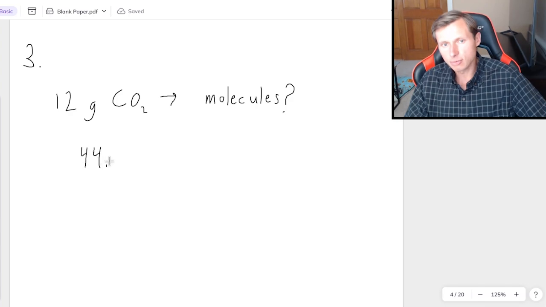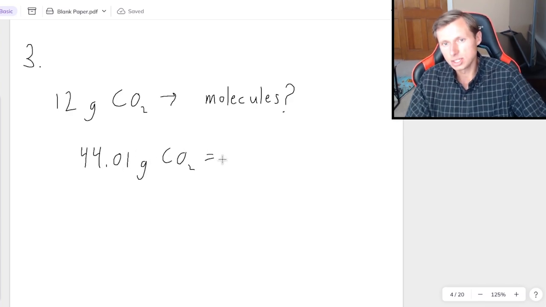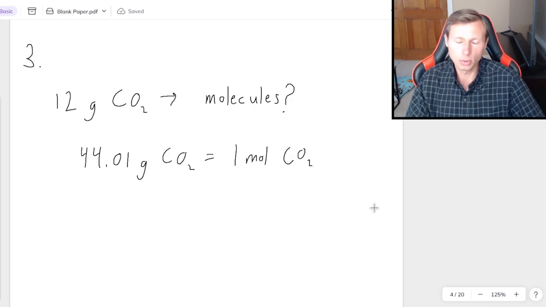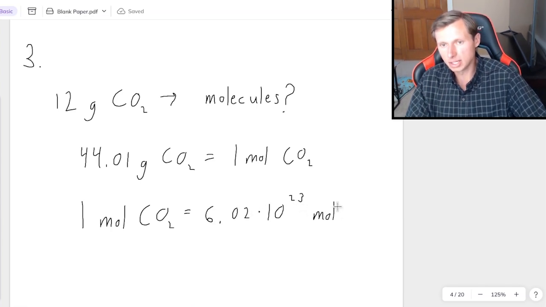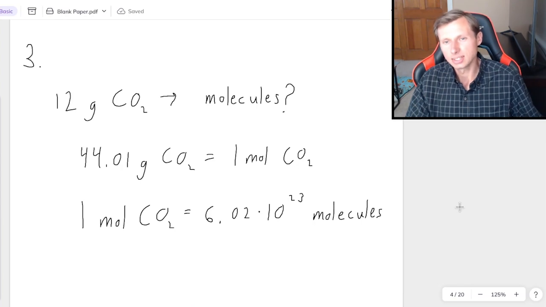Number one, we have 44.01 grams of CO2 is equal to 1 mole of CO2. And it doesn't matter if you know what a mole is or not, but that's the conversion I want you to use. And then also 1 mole of CO2 is equal to 6.02 times 10 to the 23rd molecules. So go ahead, give this one a try, and when you're ready to see the solution, unpause the video.